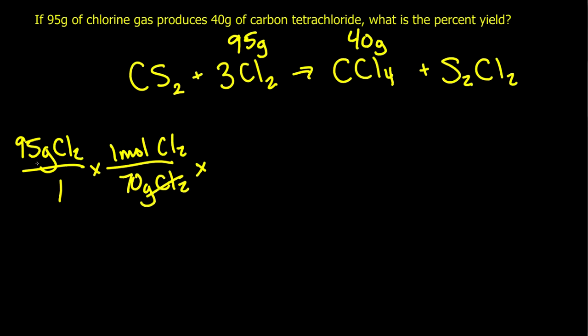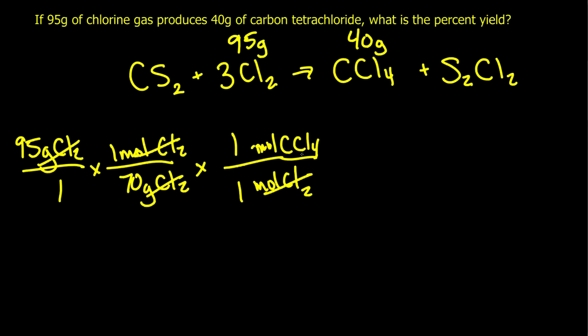Cancels out my grams. Once I got moles of chlorine gas, I need to change it to moles of carbon tetrachloride. So moles Cl2 go on bottom. Moles of CCl4 go on top. I need some values. That's our balanced equation. Just a simple 1-to-1 ratio. Moles of chlorine gas cancel out.